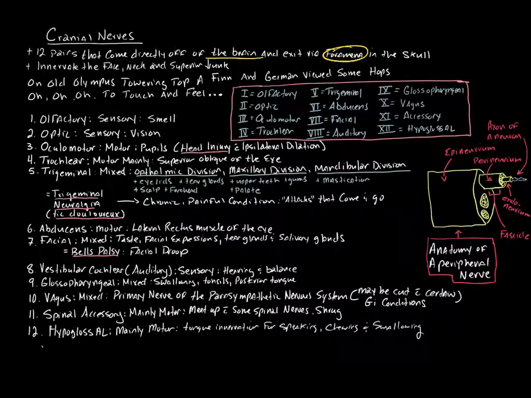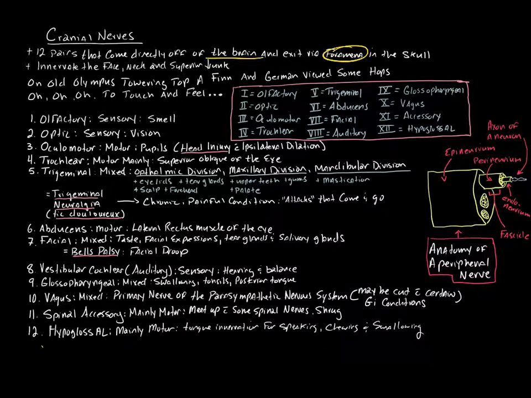You have little holes throughout your skull, and those holes are typically where the cranial nerves come in and out, and of course blood vessels as well.